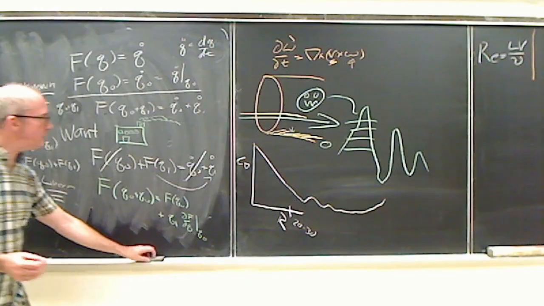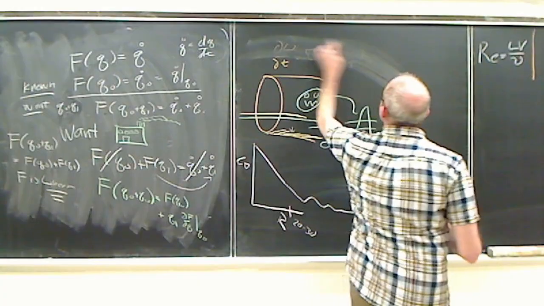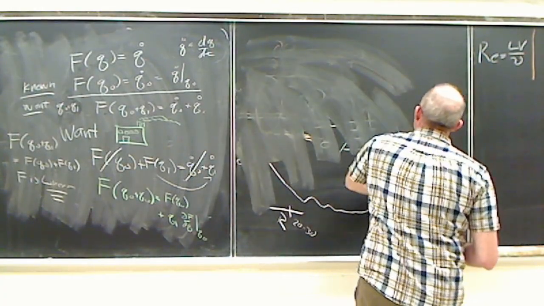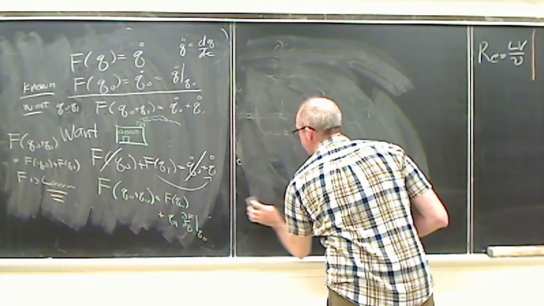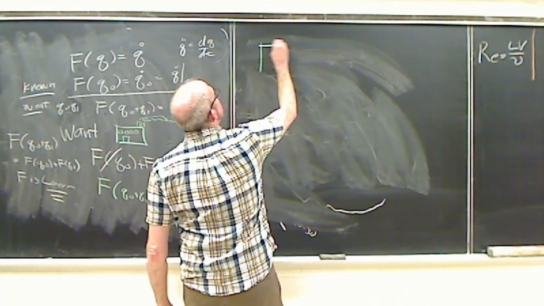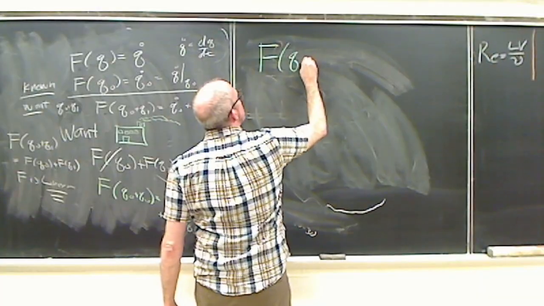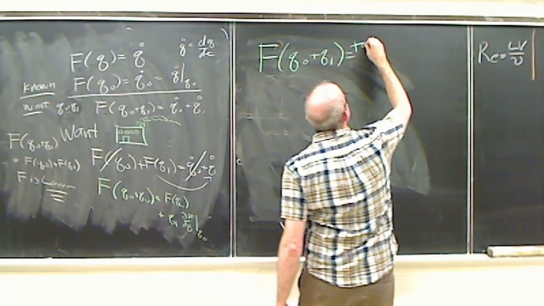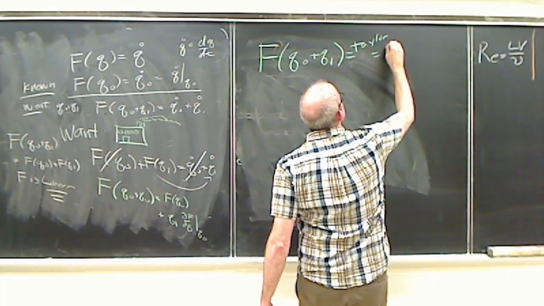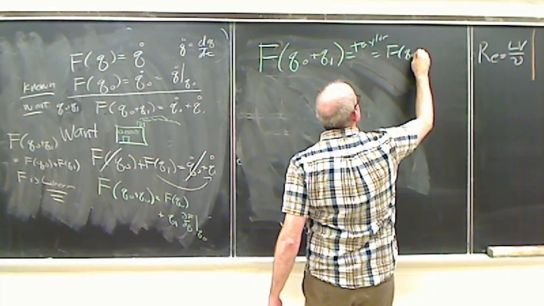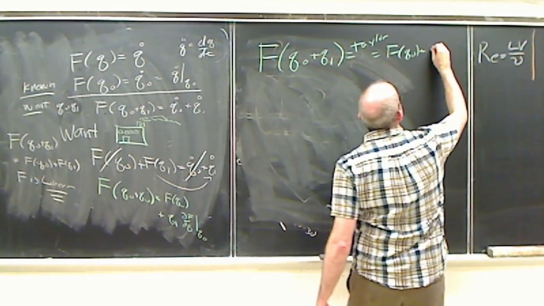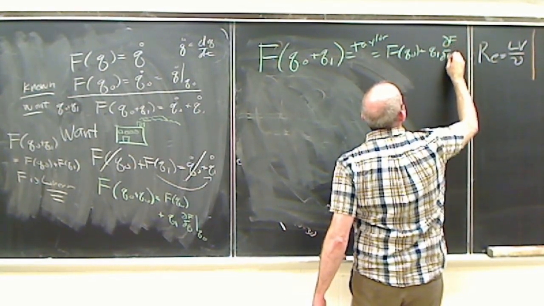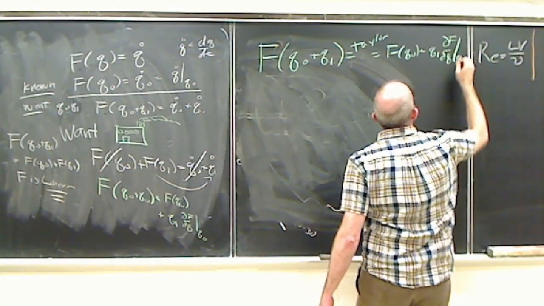Let me write that up bigger. That's the smelly jelly, as it were. That is the funky sauce. f of q naught plus q1, by Taylor, equals f of q naught plus q1 df dq evaluated at q naught.